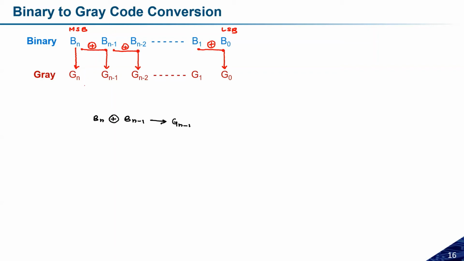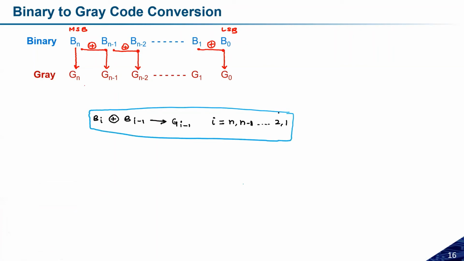Because I have already used n, here I use i, where i goes from n down to 1. So this is the mathematical way to represent this. Now let us take some example so that you will be able to understand what I am saying.